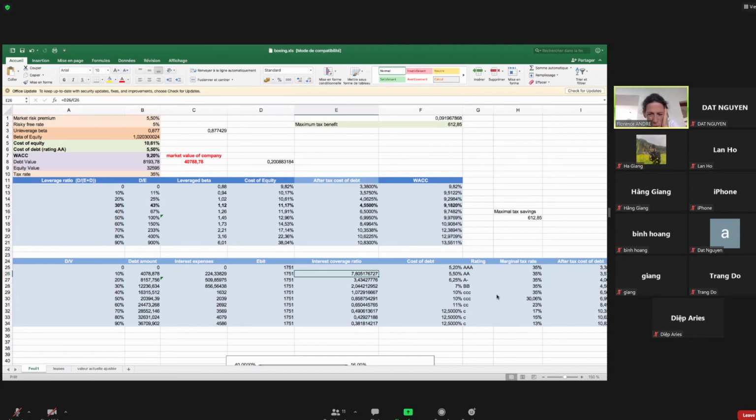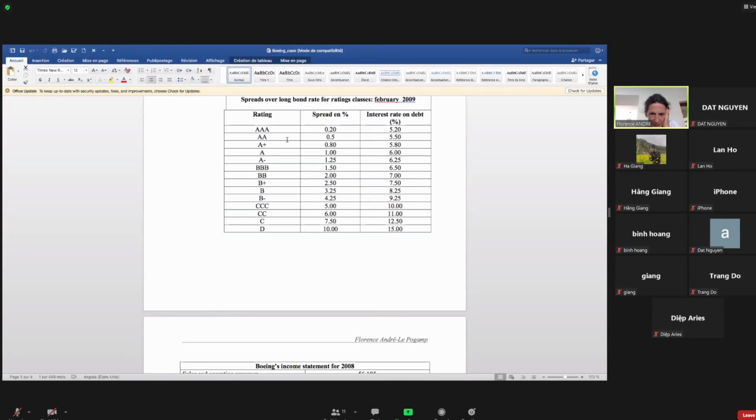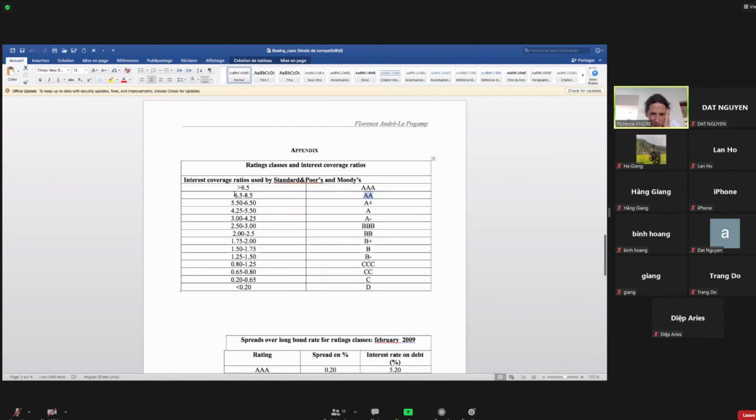And I just have to check: if I have an interest coverage ratio equal to 7.8, is it okay to have a rating of AA? So I come back to my table here, 7.8, here. Okay, so I am allowed to have the rating AA.